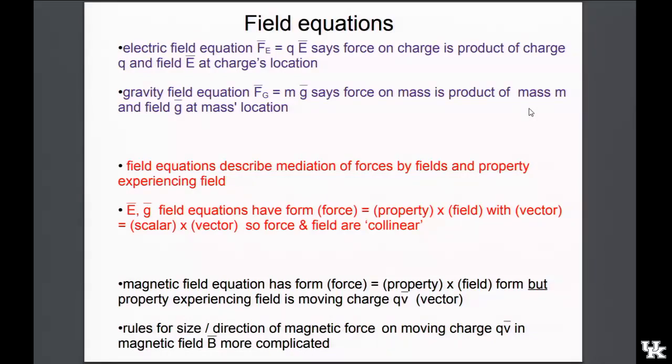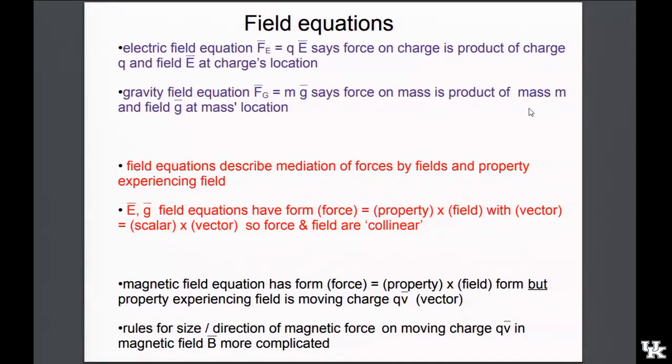So it's the field equation for the gravitational force and the field equation for the electrical force. The field equation for the electrical force is this guy here, F equals QE. It says if you put a charge in an electrical field, the force that it experiences is the product of the charge, Q, and the field E at the charge's location. So that's the field equation.